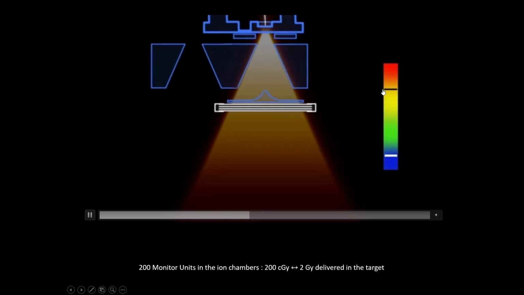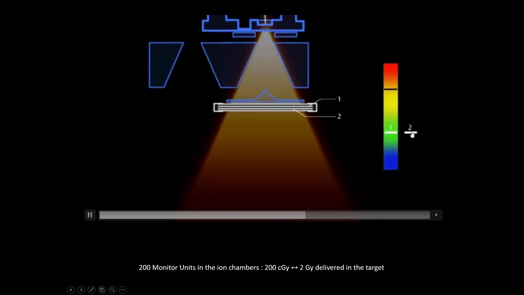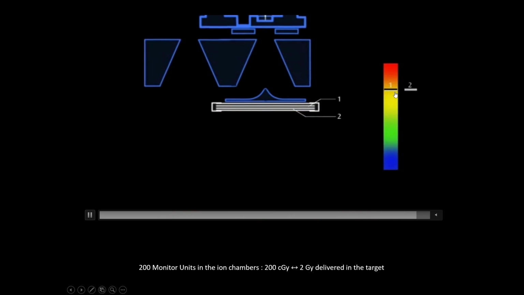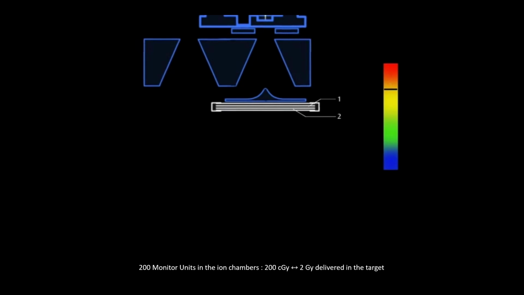So this is what you want to reach, and you have double readings such that even if one is failing, sooner or later you will reach the dose. You have to be careful when you're irradiating a patient, and then the beam is stopped. This is the way people irradiate and deliver exactly 2 grays to the patient.